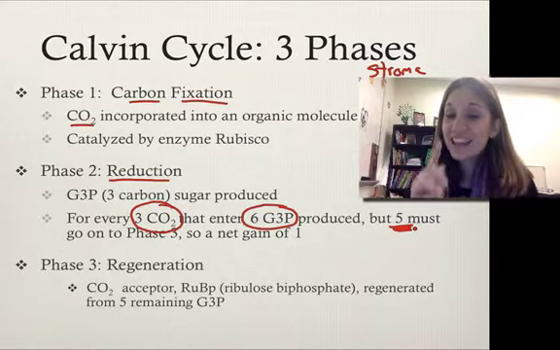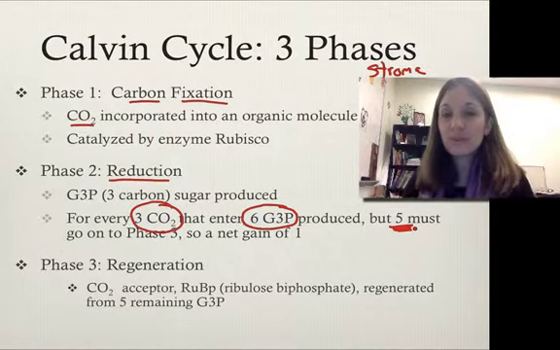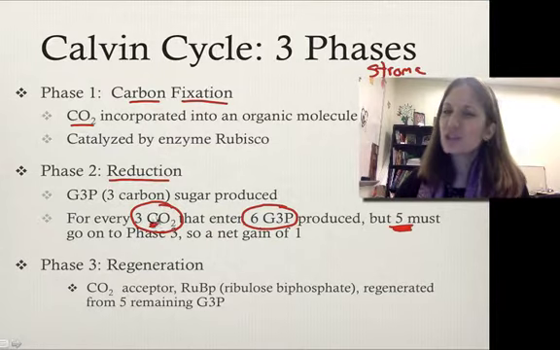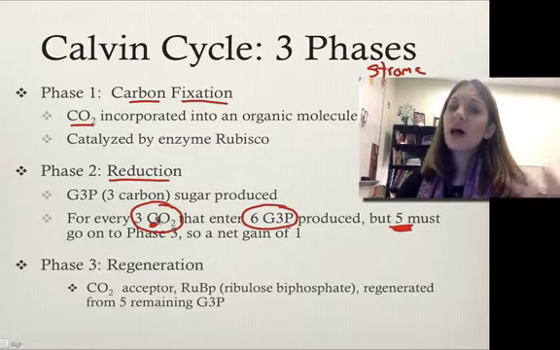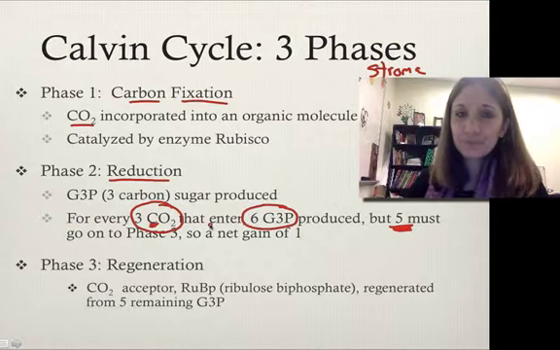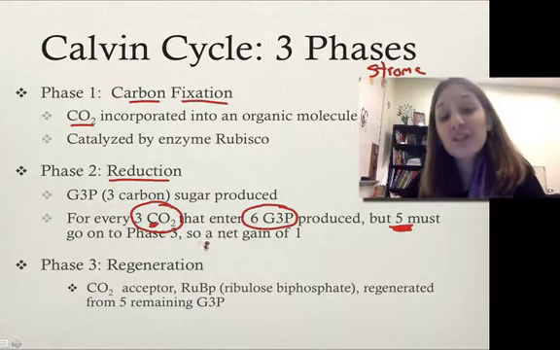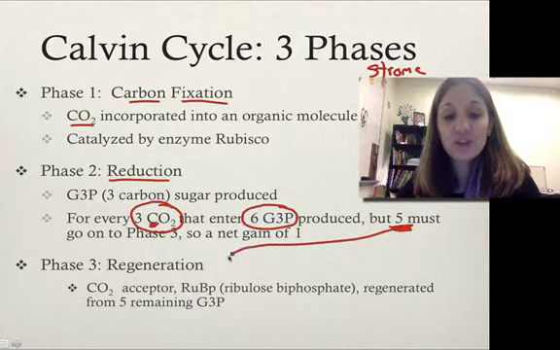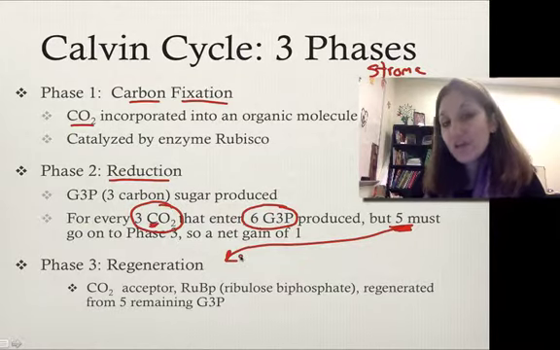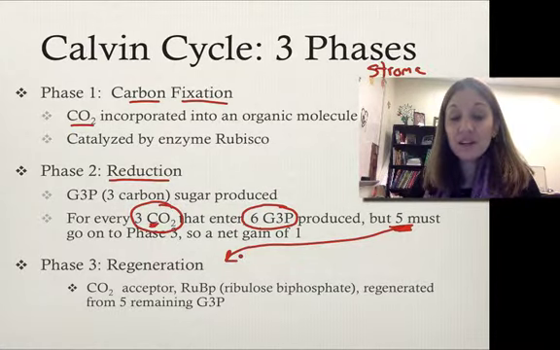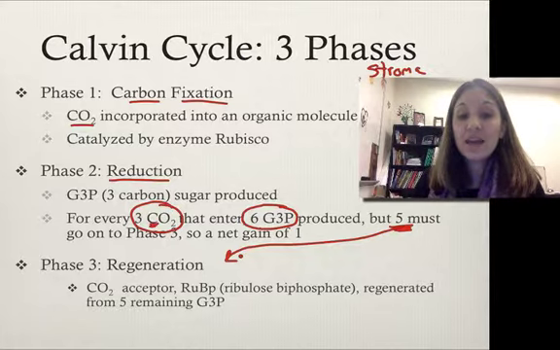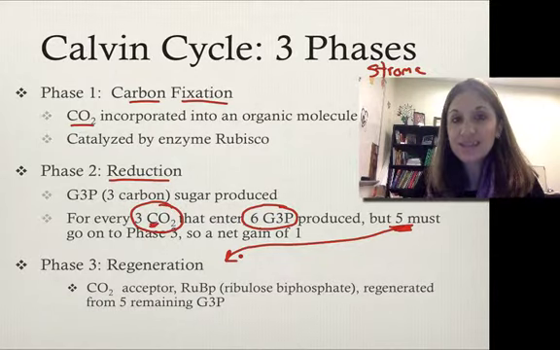So our net gain is really 1, which makes sense if we count the carbons. 3 carbons are going in, so I should only get 1 molecule of a 3-carbon sugar coming out. Those 5 other G3P molecules go on to regeneration. In regeneration, those molecules are rearranged, their structure is modified, so that we can go back and start the process again.